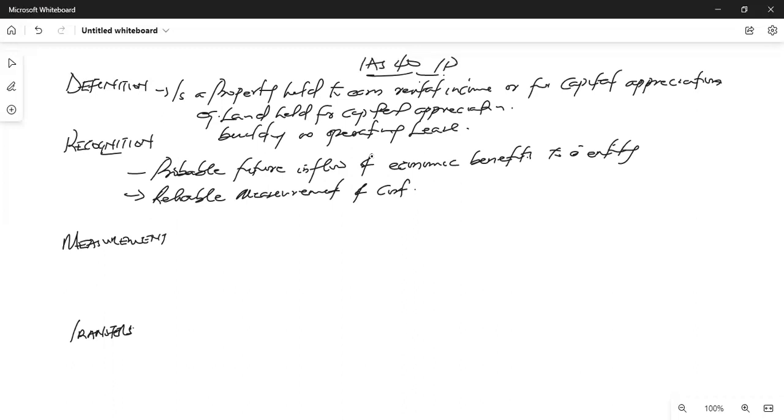Now, when it comes to measurement, we have initial measurement, and we have the subsequent. The initial measurement is at cost, of course.